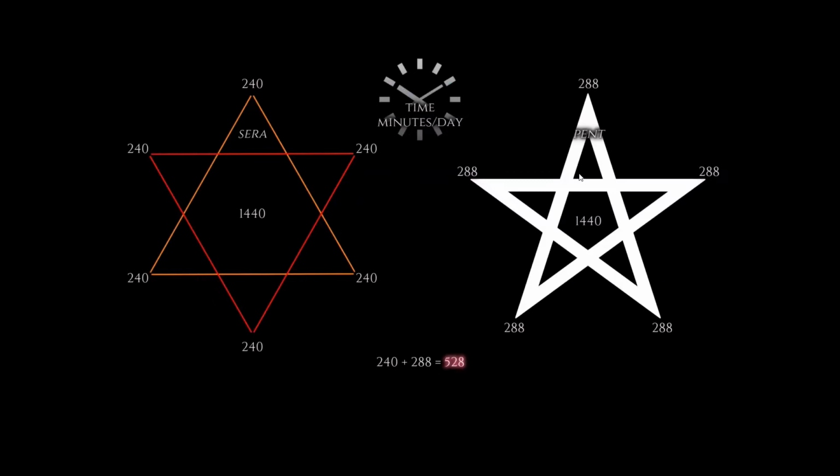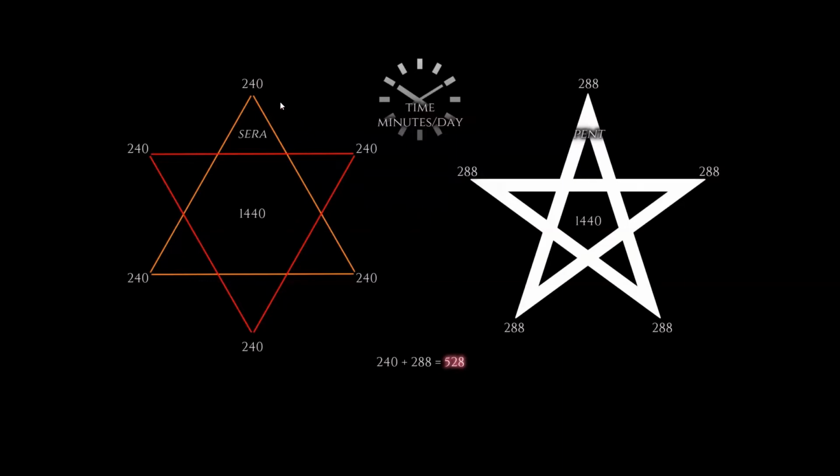First, I want to go back and talk about the 6 and 5-pointed stars, because it's going to be related to the cube. If we look at the minutes in a day, we have 1440 minutes in a day.